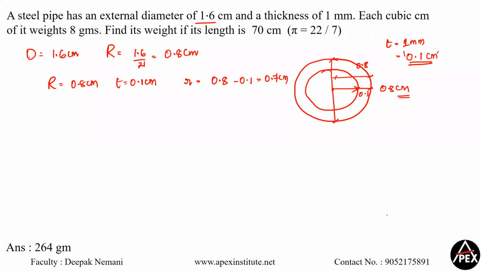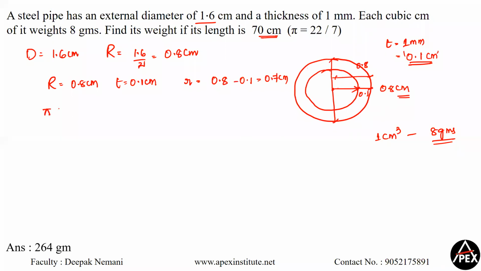Now we are given the density. 1 centimeter cube weighs 8 grams. What is this? This is nothing but the density of the material used. We need to find the weight if the total length is 70 centimeters. Now, density into volume will give us the weight, isn't it? So let's find out the volume of this pipe.